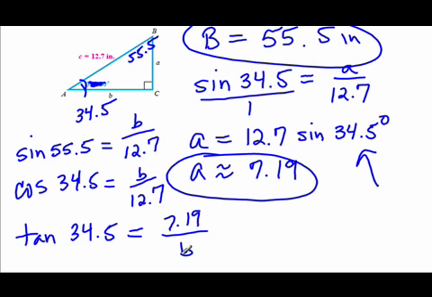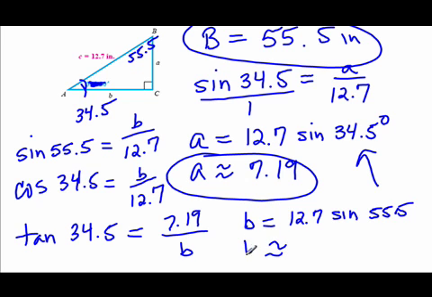So let's go with the sine of 55.5 equals B over 12.7. Again, you cross multiply. We'll get that B is equal to 12.7 times the sine of 55.5.